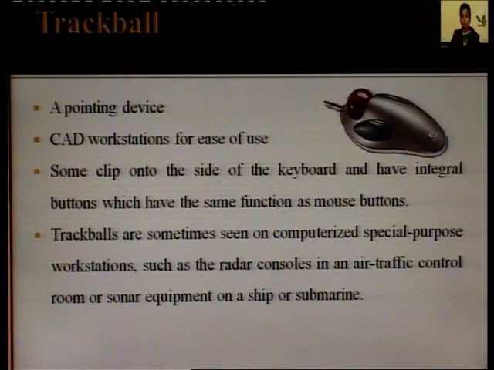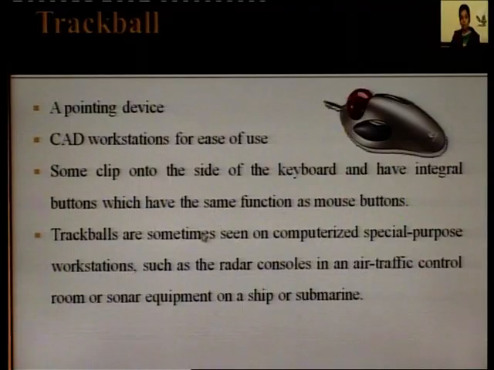Trackball. A trackball is a pointing device. CAD workshops mainly use trackballs for ease of use. Some clip onto the side of the keyboard and have integral buttons which have the same function as mouse buttons.